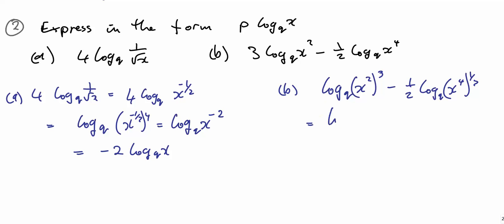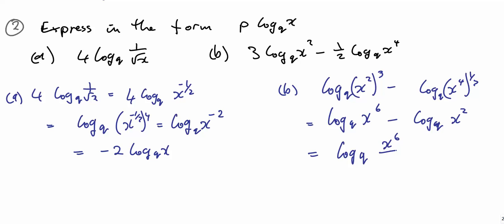The power rule for indices would give log x to the power of 6, that half wouldn't be there, of course, minus log of x squared, and the subtraction rule for logarithms would be log of x to the power of 6 divided by x squared, and we subtract the indices, that would be log of x to the power of 4. And using the power rule for logarithms in reverse again, that will be 4 log x to base q.